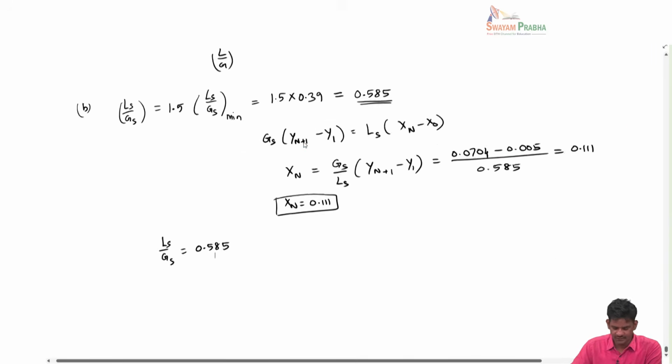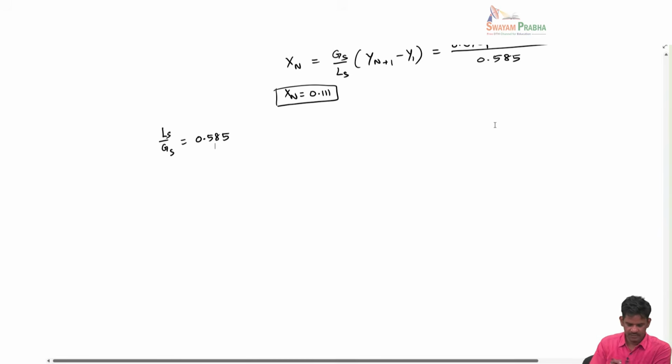Okay, so first, the volumetric flow rate is 0.4 meter cube per second.